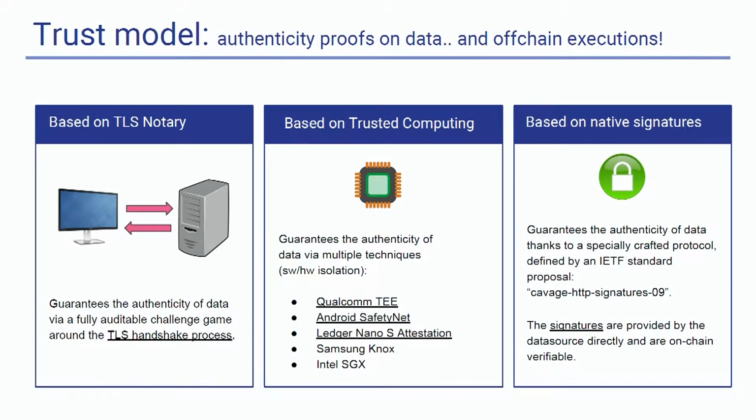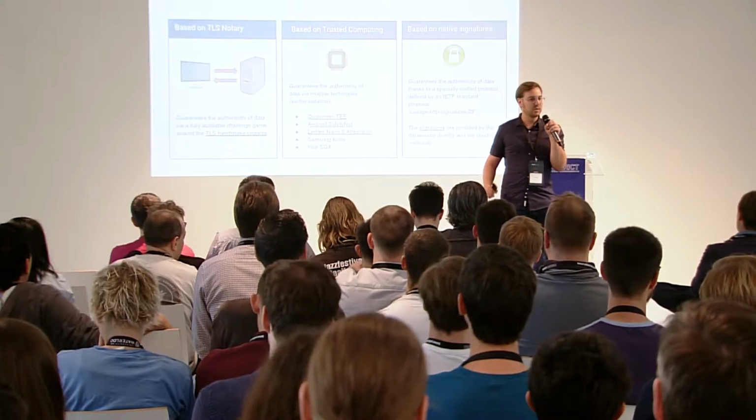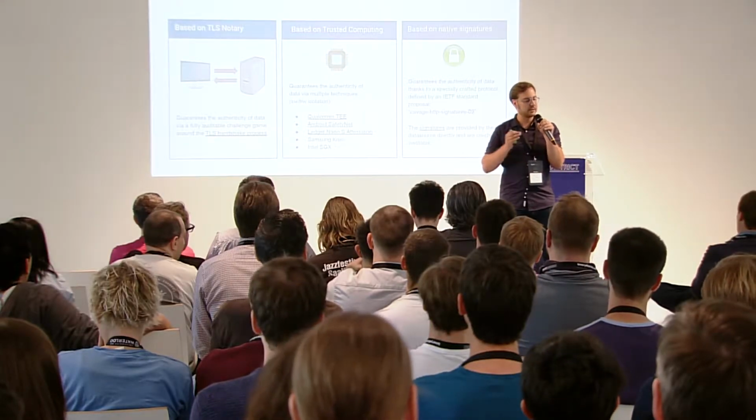If you use the Ledger Nano S, I guess that most of you know what it is. It's a hardware wallet in the blockchain space. Why is it interesting compared to all the other hardware wallets? Maybe you didn't know that, but on the Ledger Nano S, you can run custom applications, and it has attestation capabilities. So you can get a signature from Ledger claiming that a given application running on the device is running in a safe environment according to their best knowledge.